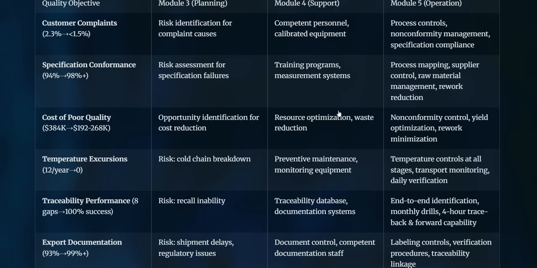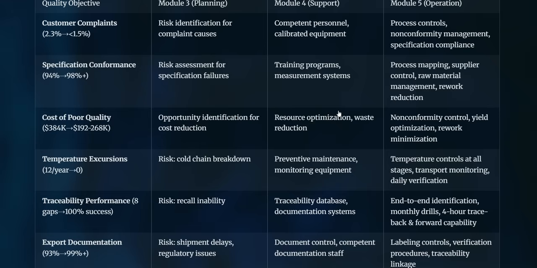In Module 4, support, a traceability database and documentation system have been designed. Today, in Module 5, operations, end-to-end identification, monthly drills, and 4-hour traceability, backward and forward capability, are going to be implemented.